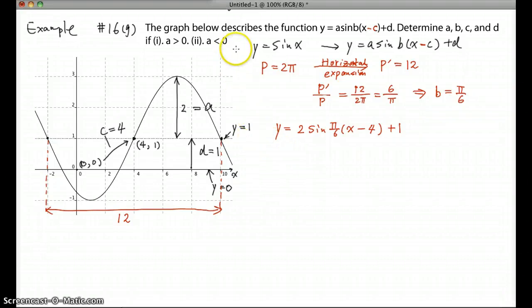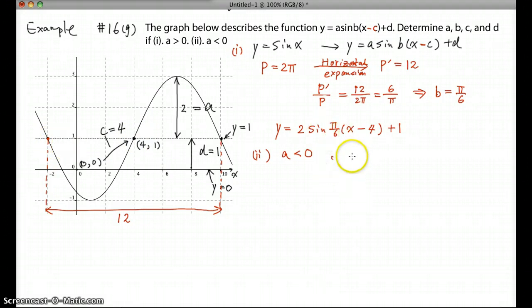Okay, that's actually for case 1, when the A is greater than 0. So let's look at case 2, when the A is less than 0. When A is less than 0, we know vertically it's not only a stretch but also a vertical reflection. So after reflection, the graph should look like this, and then this is going to be your starting point, right? So everything else should be the same.